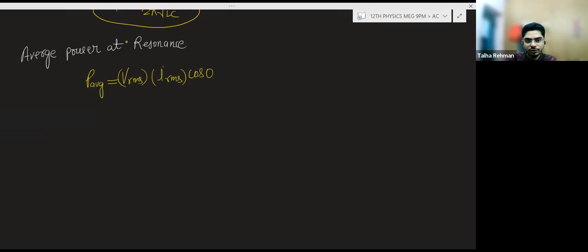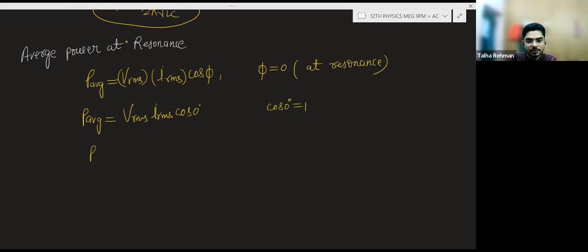I have just told you. And what is phi at resonance? 0. So when you put cos phi here, this will become Vrms Irms cos 0, and cos 0 is equal to 1.